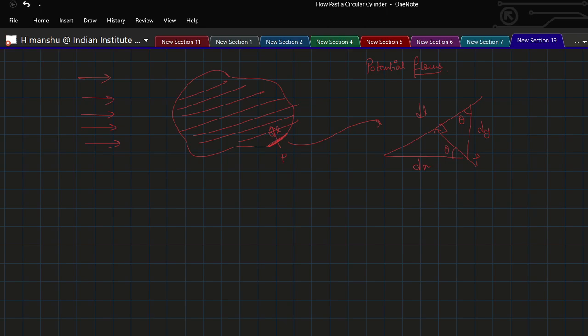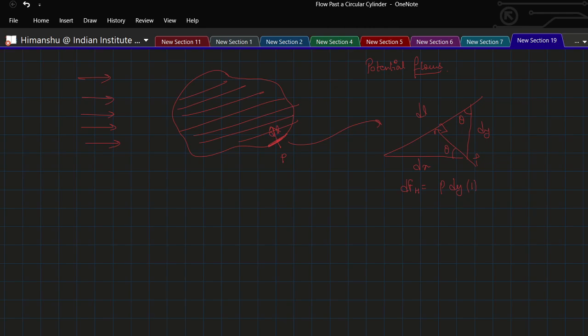So the elemental force along the horizontal direction is pressure times dy. Consider the force to be the force per unit width.